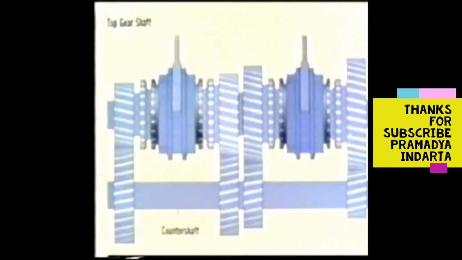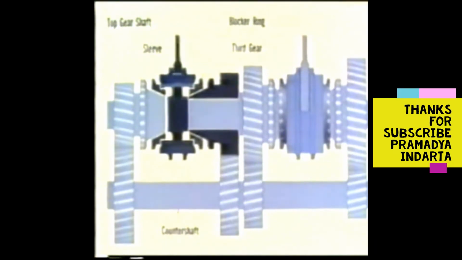Shown here is the synchromesh device. It consists of blocker ring, sleeve, clutch hub, inserts, etc. Now let's see how the synchromesh works.